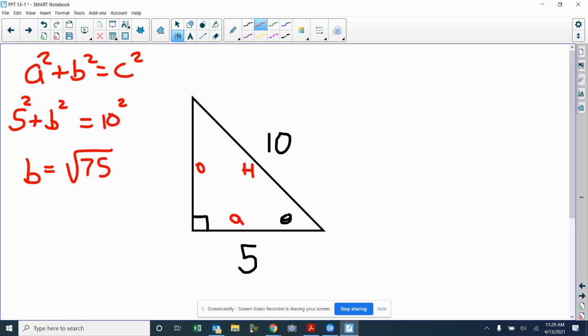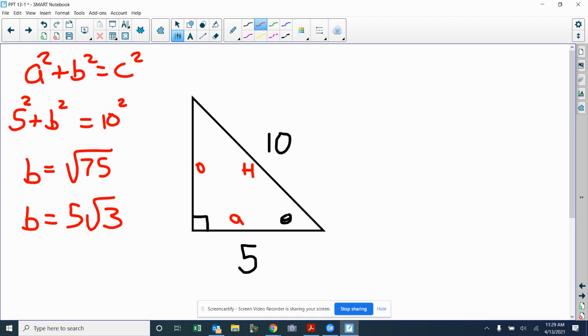How about 3 times 25, is that 75? Yep. What's 25? Is it a perfect square? Yeah. So what does the square root of 75 simplify to? 5 square roots of 3. Do we need more explanation there? How did you get the square root of 75?